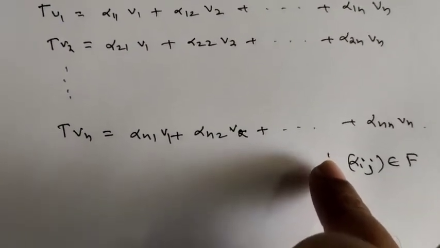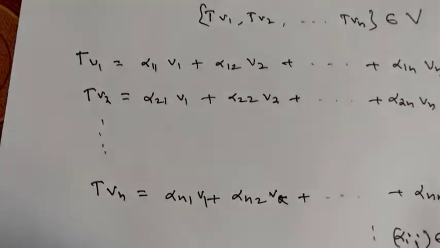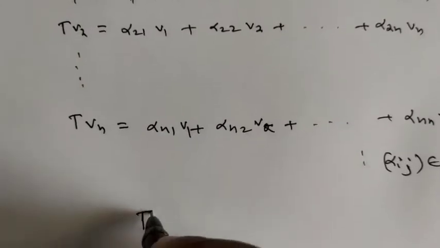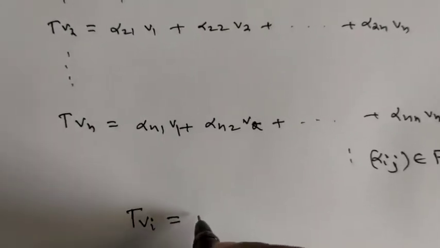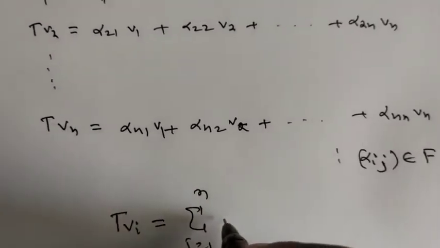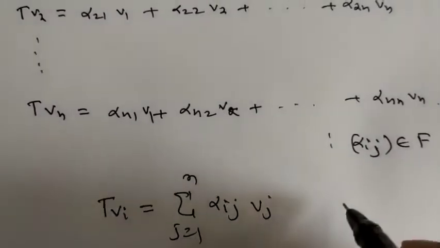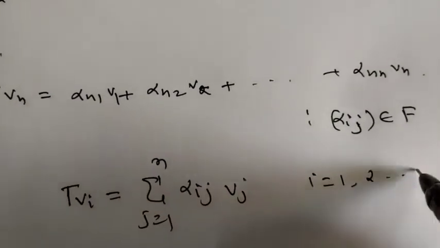This system of equations can be written compactly as, for a general element, T of Vi is equal to the summation over j from 1 to n of alpha ij Vj, where i takes the value from 1 up to n.